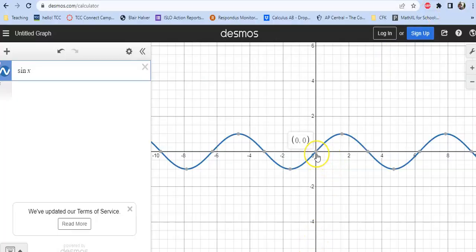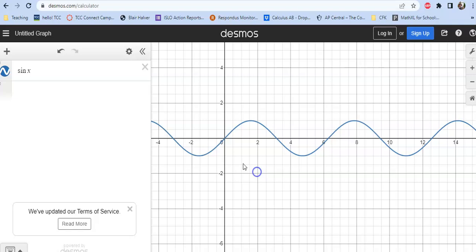So here my sine, my y value starts out at 0, goes up to 1, comes back down to 0, goes to negative 1, comes back up to 0, and so forth and so on. So it just repeats over and over. Same if I'm doing negative angles, right? Okay, so I just want to point that out.